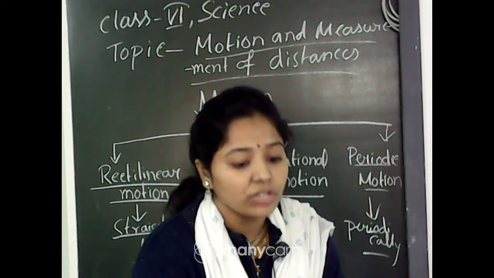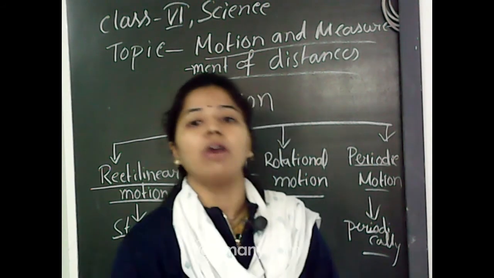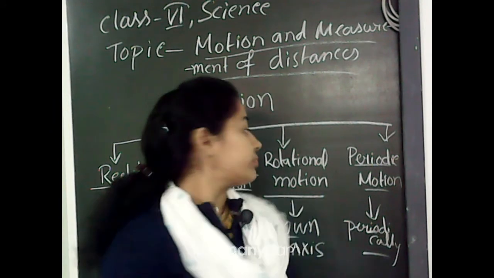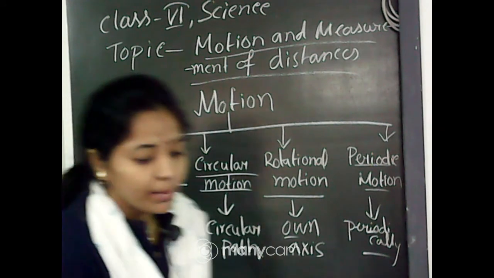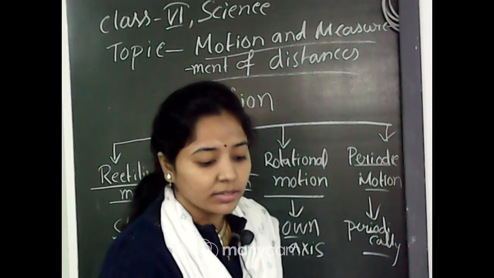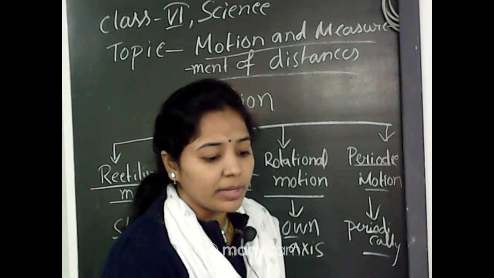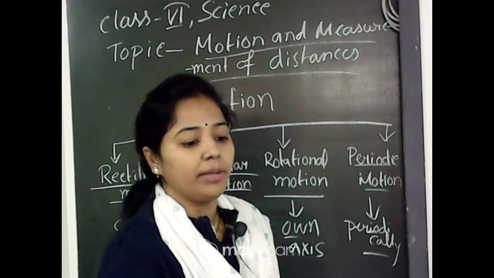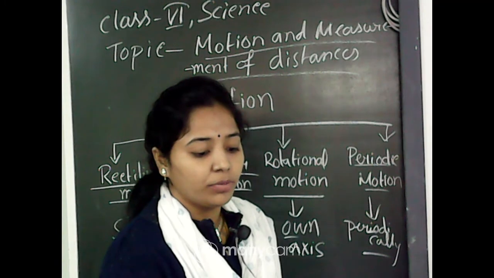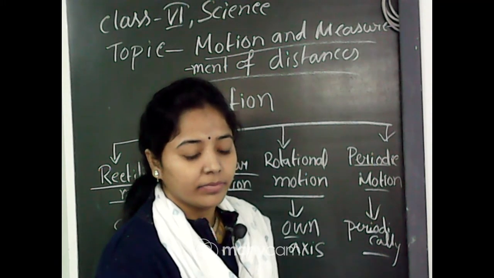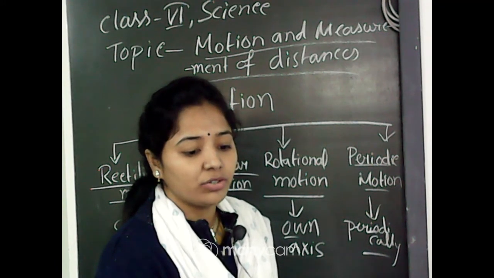These are all examples of periodic motion. I hope you understood. Any problem up to this portion, students? You can ask me if you have any problem. No problem? All of you have understood all the types of motion?